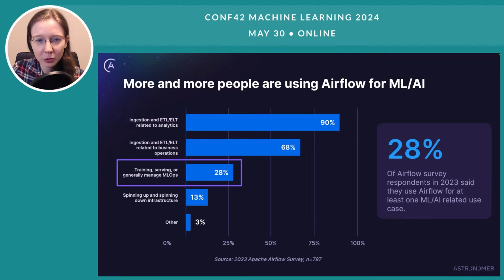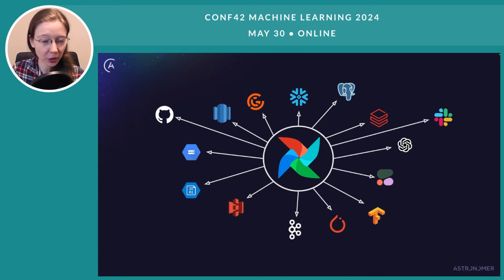Now, why is Airflow so popular to use for AI and also for general data orchestration? It's because it can sit in the middle of your whole data and ML stack. So if you are in the data and ML space, you will recognize some of these logos. Maybe you recognize all of them. But these are just a few of the tools that Airflow can connect to and orchestrate actions in.